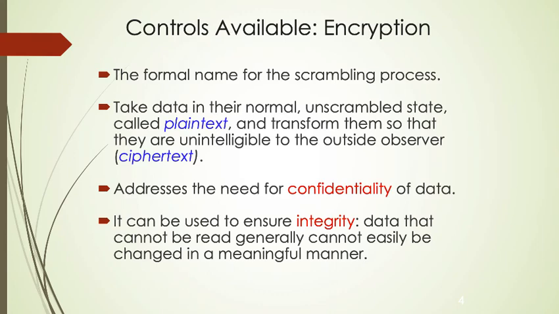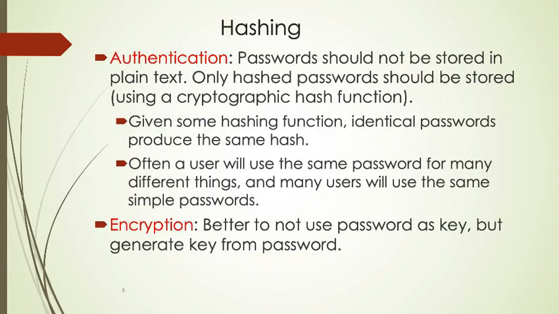It can be used both for confidentiality concerns and integrity concerns. The method of encrypting is also referred to as hashing. It's used in the authentication process and the encryption process. For authentication, it's used to scramble the passwords before they are saved.